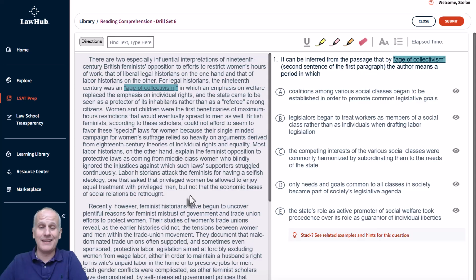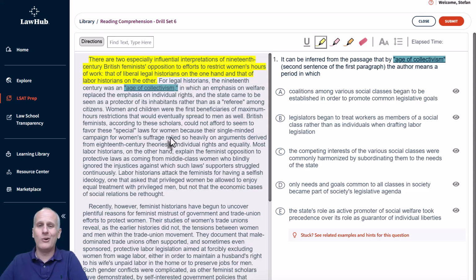So, there's a lot in this paragraph, and we're actually going to stay very high level, and we're going to select a highlighting color, and we're just going to highlight this opening sentence because we are told there are two especially influential interpretations of 19th century British feminist opposition to efforts to restrict women's hours of work, that of liberal legal historians on the one hand and that of labor historians on the other, and everything else is really just expanding upon this opening sentence from the paragraph.